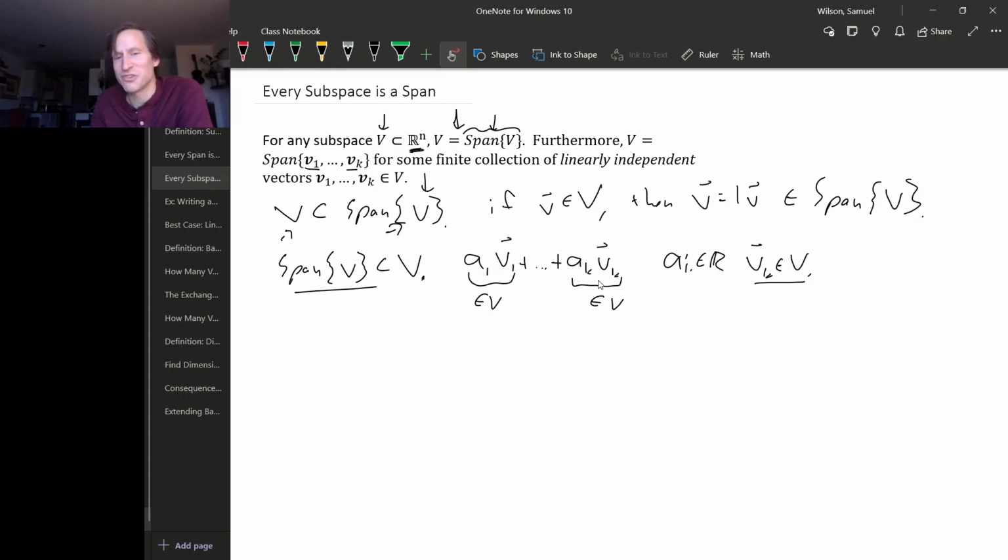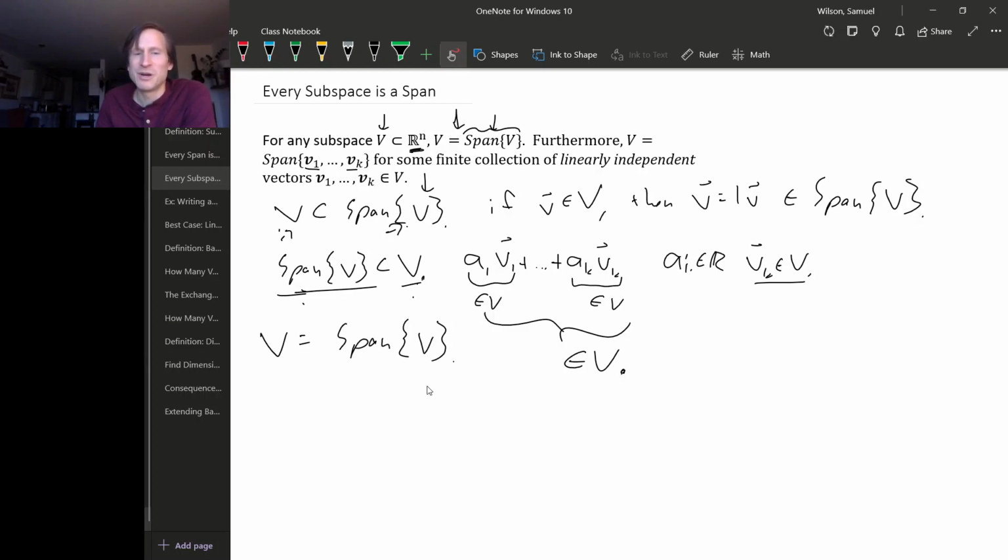All of these terms are in capital V. But then, because V is a subspace, it's closed under addition, and that means that the sum of all of these things is also in V. So we took an arbitrary vector in the span of V, and we showed that it is in V itself. So that means that the span is contained in V. So V is contained in the span is contained in V. That means these two sets have to actually be equal. So V is equal to its own span.